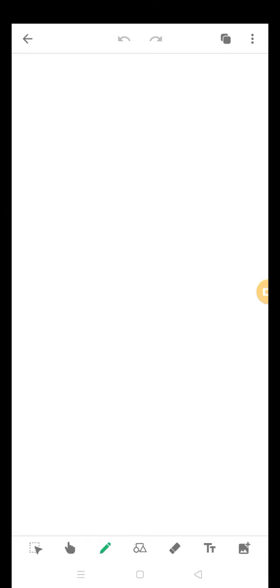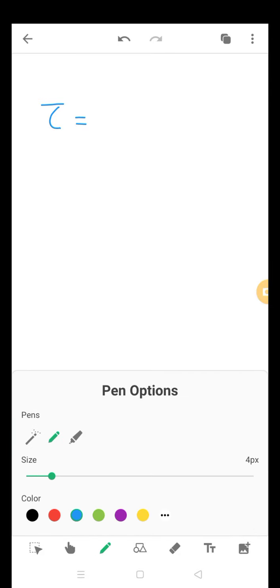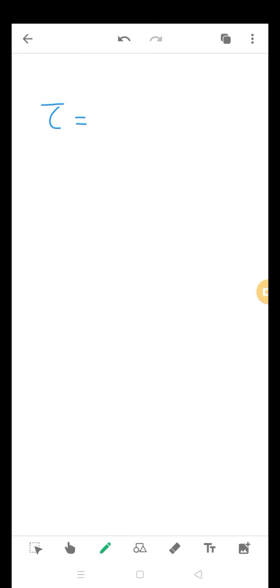Where strain, or strength, is equal to tau max sine 2 pi x by b.